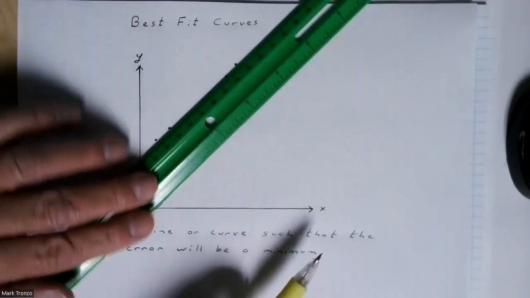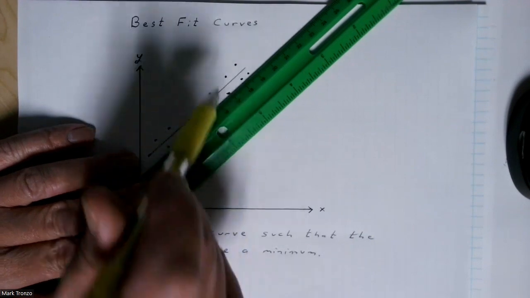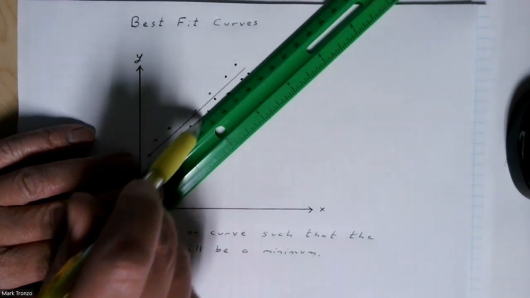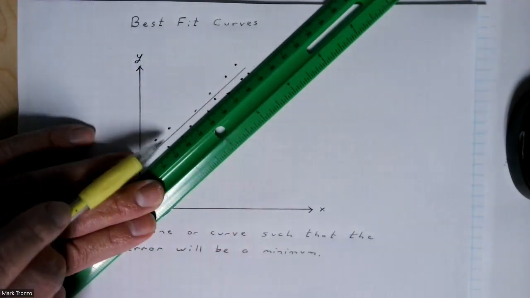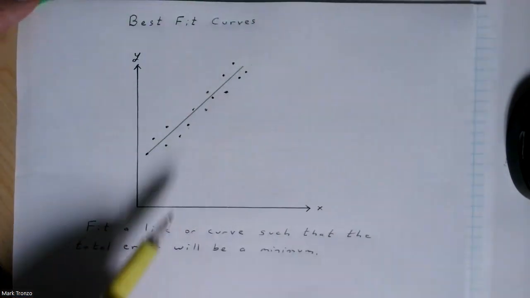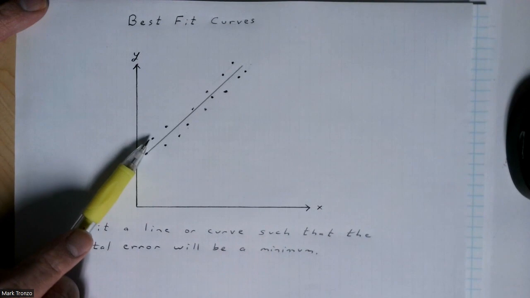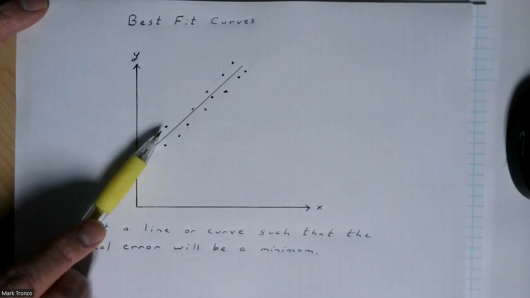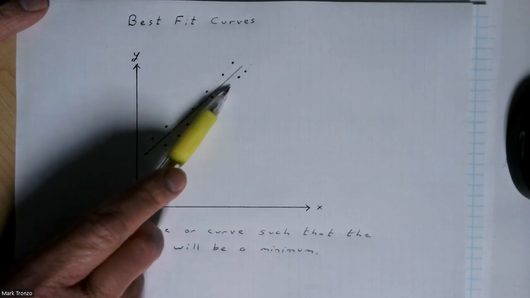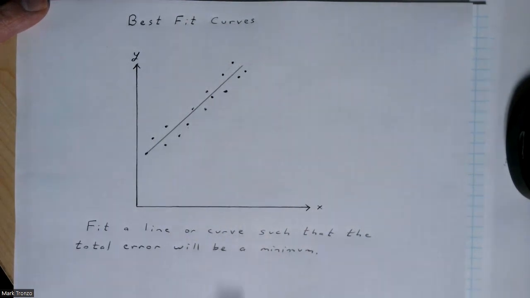If, on the other hand, we picked a line over here, we could get right through many of the points, but these would have big errors. So probably the best line is going to be somewhere in the middle, where when we add up all the errors, they're going to add up to be a minimum.